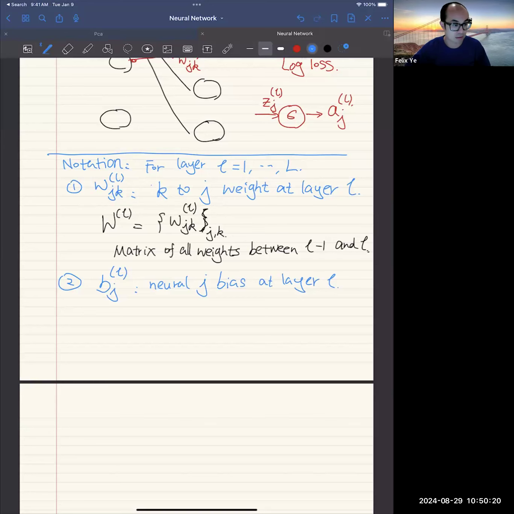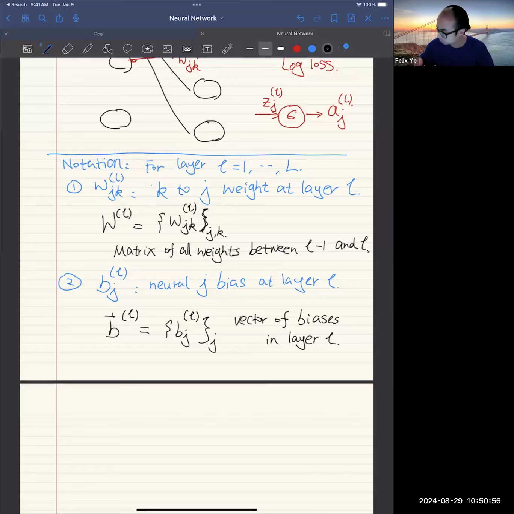If we vectorize it, this is basically B, which is a vector of BJ of L, vectorized with the index J. So this gives you a vector of biases in layer L.